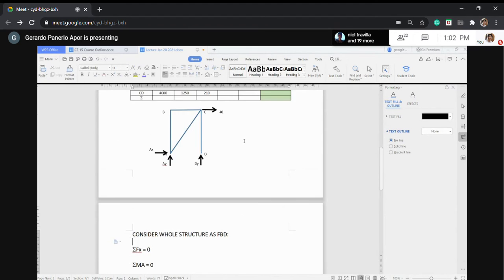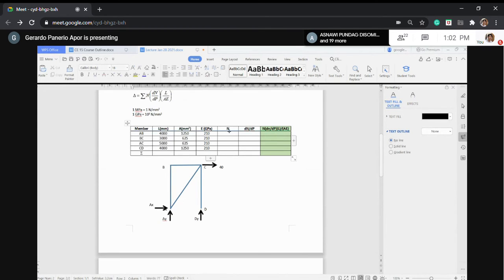So if we consider the whole body here, you have a structure here. This is the model. And then you have a 40 kilonewton real load. Because we are trying to fill up the fifth column. The fifth column is the axial force of 4 members due to the real load.